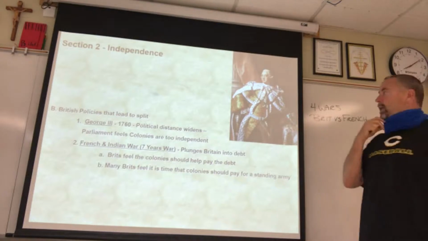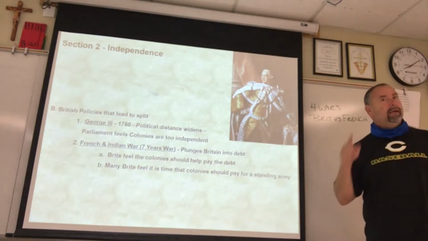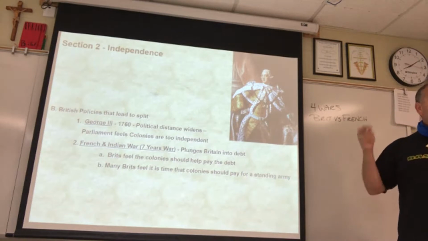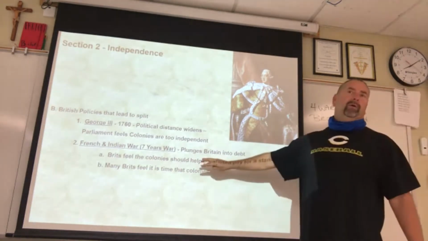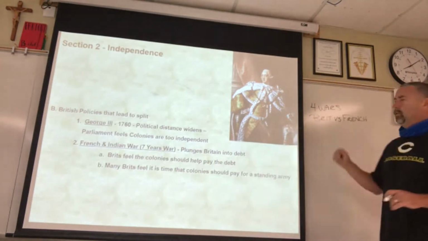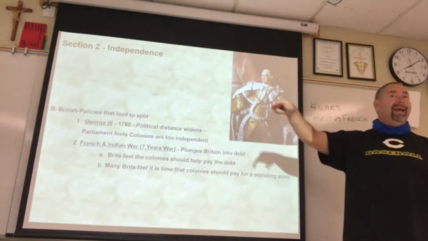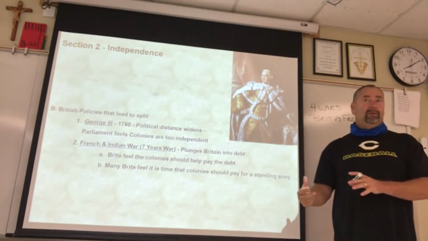So we're going to see 4 wars. They're called Queen Anne's War, King George's War, King William's War, and then this is the 4th. And guys, these are world wars. The British and French are fighting both in Europe and in the New World, which is expensive.